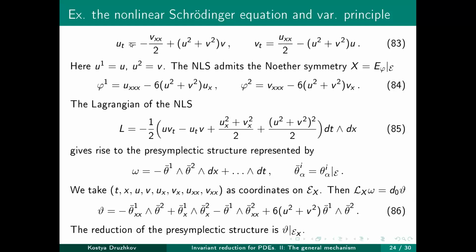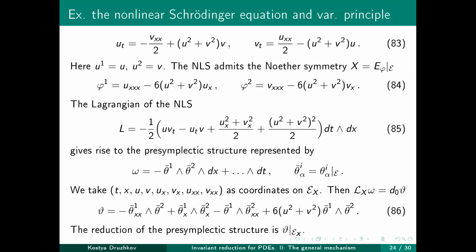U and V are the real part and the imaginary part of the wave function, respectively. U1 is U, U2 is V. Then let's admit the Noether symmetry X, the higher symmetry, 3rd order symmetry given under the formula 84. We also have the Lagrangian for the NLS, written in these terms, in the real terminology, roughly speaking, not in the complex terminology.